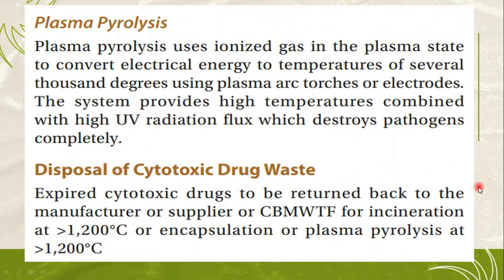Another process is plasma pyrolysis. Plasma pyrolysis uses ionized gas in the plasma state to convert electrical energy to temperatures of several thousand degrees using plasma arc torches or electrodes. The system provides high temperatures combined with high ultraviolet radiation flux, which destroys pathogens completely.